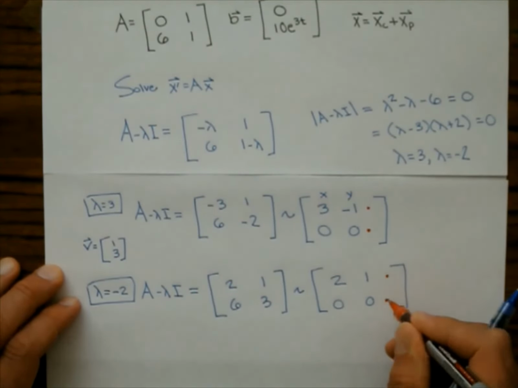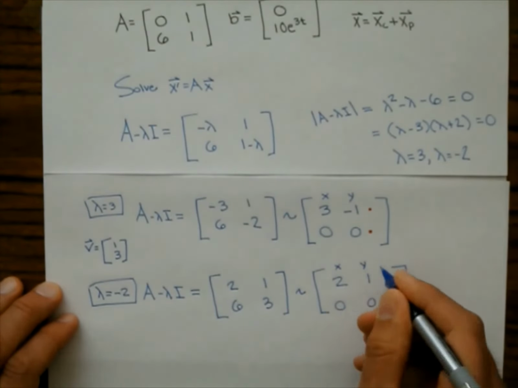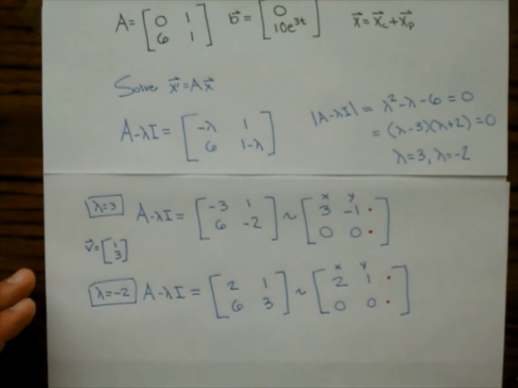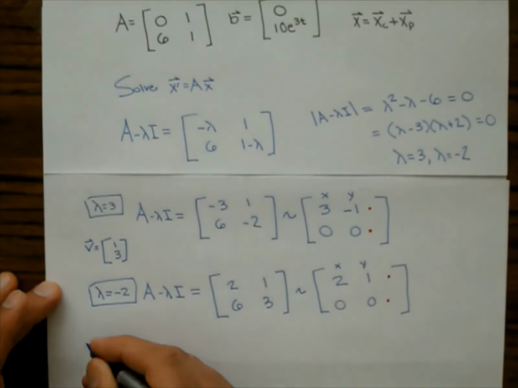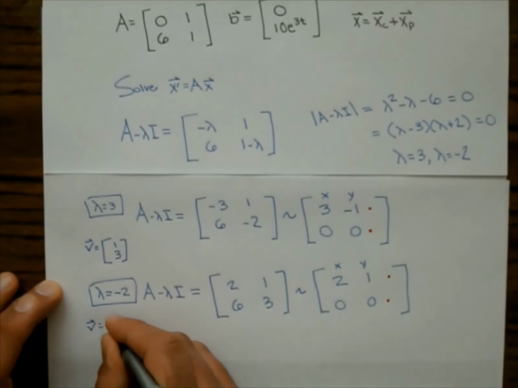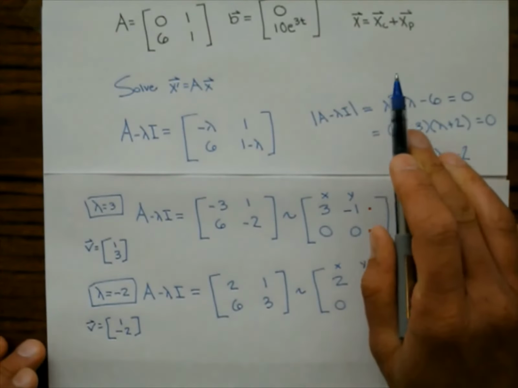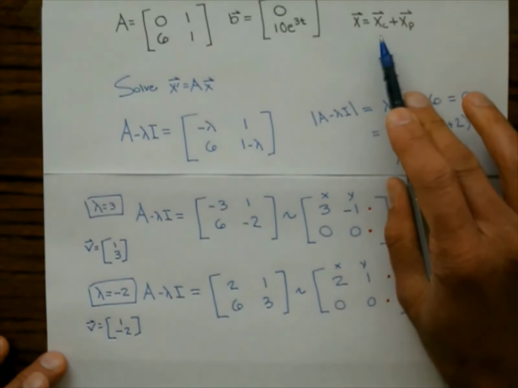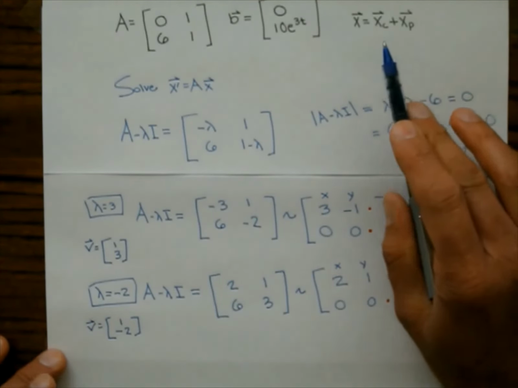And I can set y equal to t and see what x is going to be. I'm just going to figure out a vector that zeroes out that first row, and a vector that does that would be 1, negative 2. So 1, negative 2. So now I know what the complementary solution is. I'm going to go ahead and write it down, and then we'll do some variation of parameters.